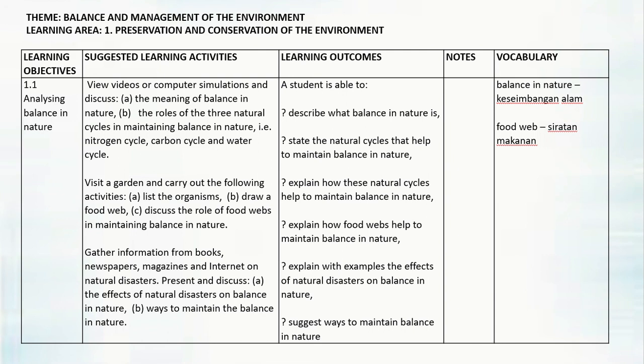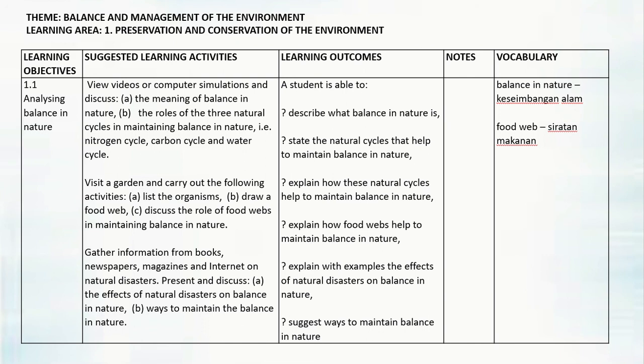One of the learning activities suggested by this curriculum specification is to view video or computer simulation and discuss. Next, you can also visit a garden and carry out activities and also gather information from books, newspaper, magazine, and internet on natural disaster.